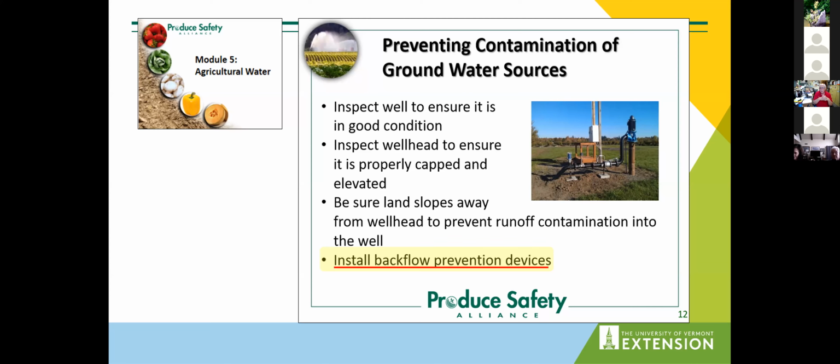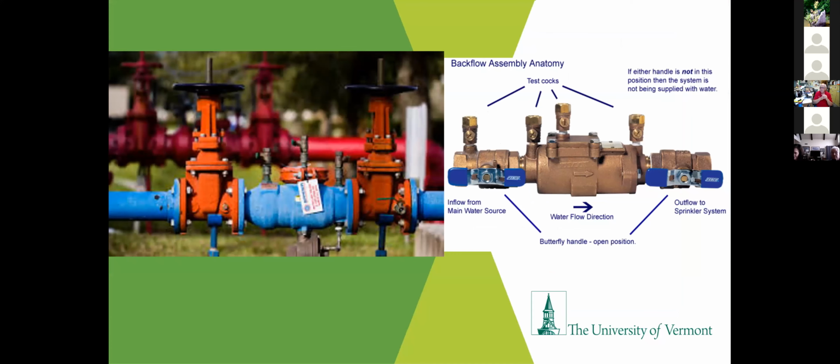I have talked to well drillers. I've talked to people who install irrigation, and this seems to be an ongoing question, how the backflow devices are inspected, and how do you maintain them? Here's an example: the one on the right, obviously, is for in a building.